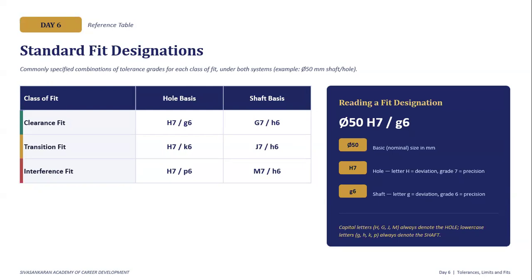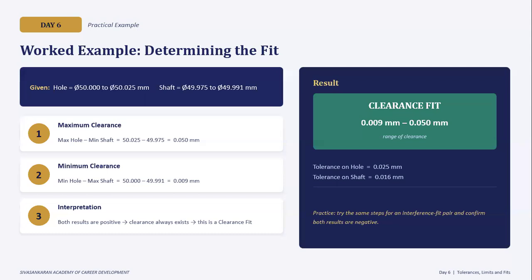Let us now consider a practical example. Suppose the hole size varies from 50 millimeter to 50.025 millimeter and the shaft size varies from 49.975 to 49.991 millimeter.